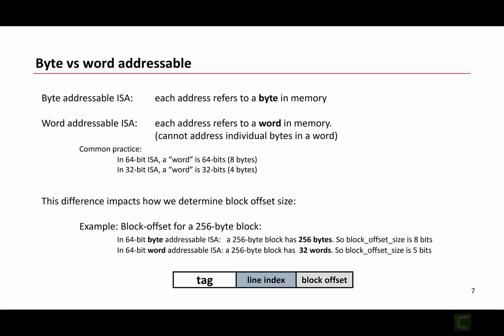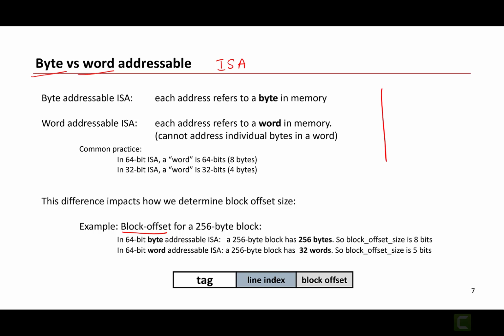Another common source of confusion is in understanding the difference between the byte addressable versus word addressable ISA and its impact on how to compute some of the details for cache configuration, in particular block offset. So let me briefly recap what byte addressable ISA versus word addressable ISA is. If an ISA is byte addressable, what it means is any given address refers to a memory location that stores exactly 1 byte of data.